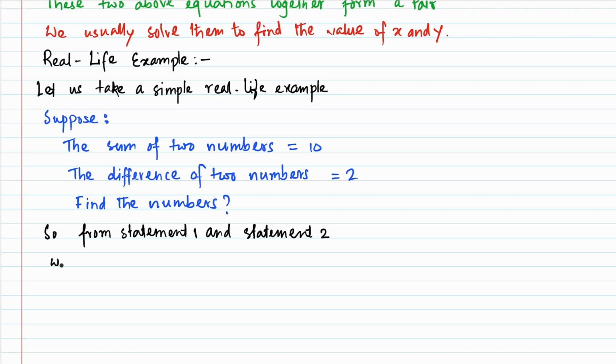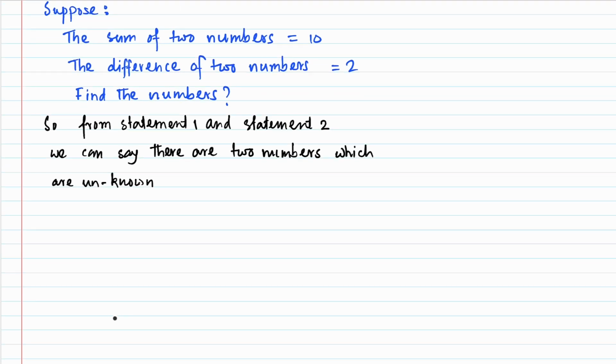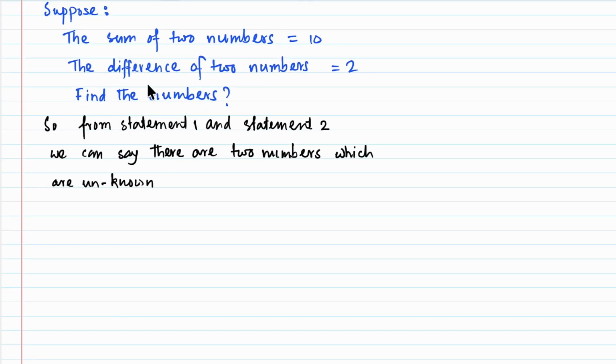So from statement 1 and statement 2 we can say that there are two numbers which we need to find out, those two numbers which are unknown. We don't know those numbers. We only know the relation between these numbers as given in the statement.